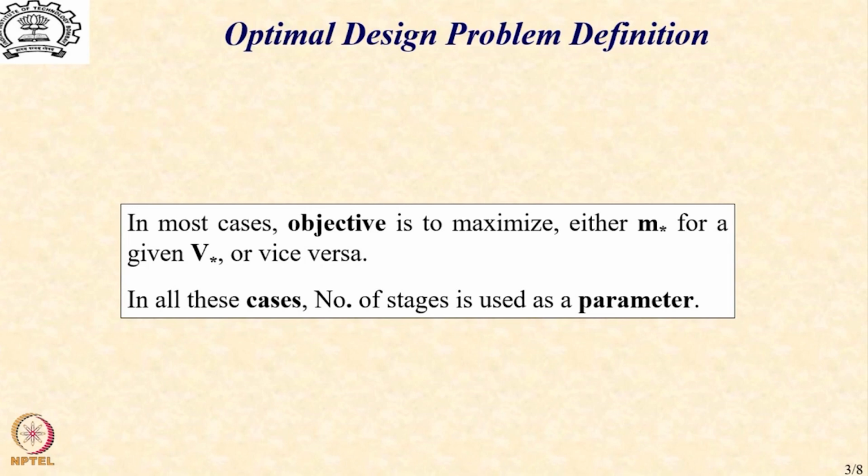Of course, it is important to take note of the fact that number of stages is, strictly speaking, an unknown, and along with the stage wise mass parameters, this can also be used as an unknown to arrive at its value through the same optimization procedure. However, there are a few issues that come up when we do that.